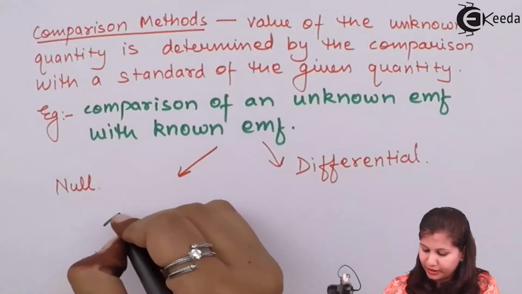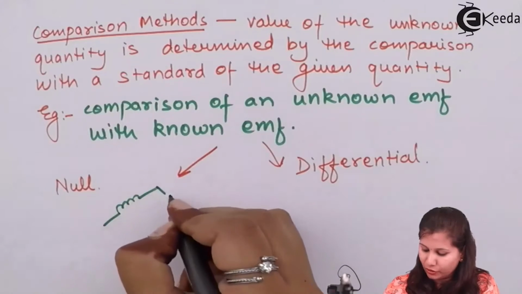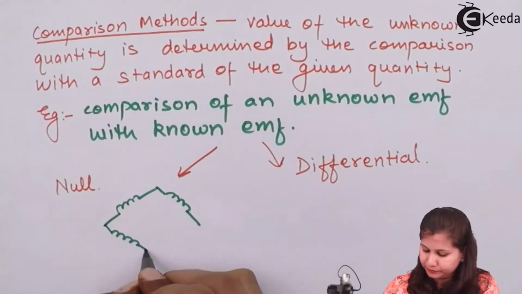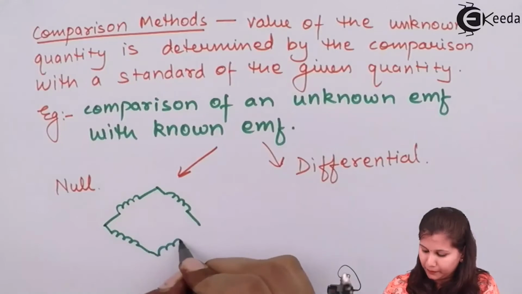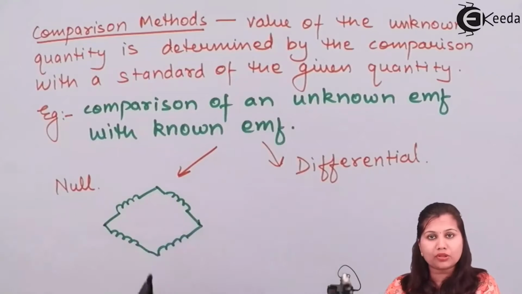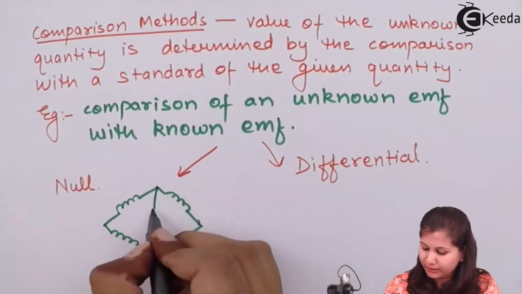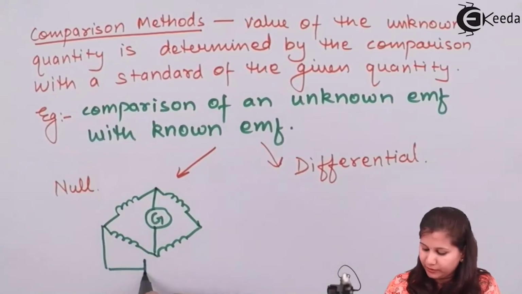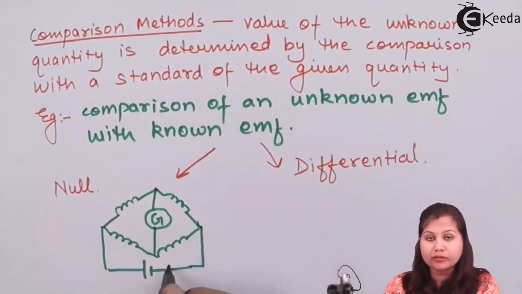Like here we have a resistance, here also we have a resistance. These are the four arms of the Wheatstone bridge, in between which we connect the galvanometer, and here we have the battery connected.